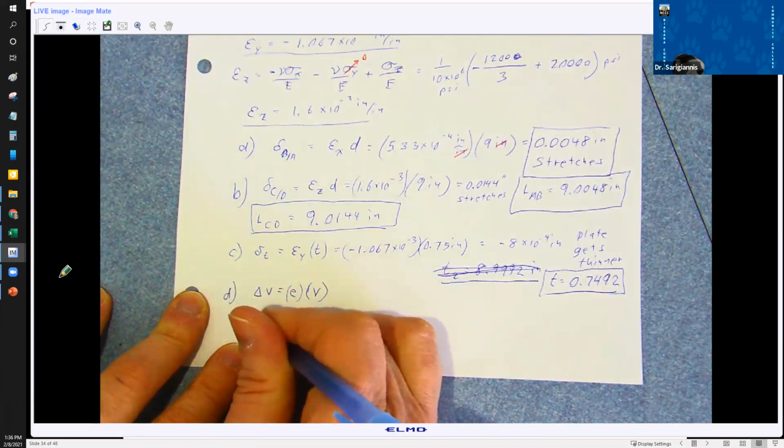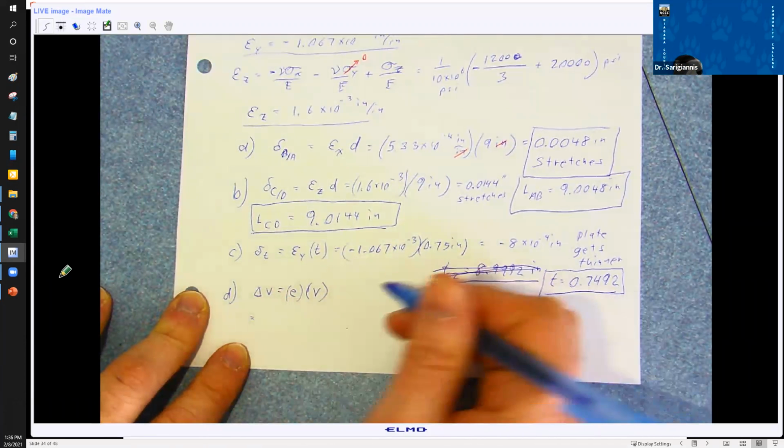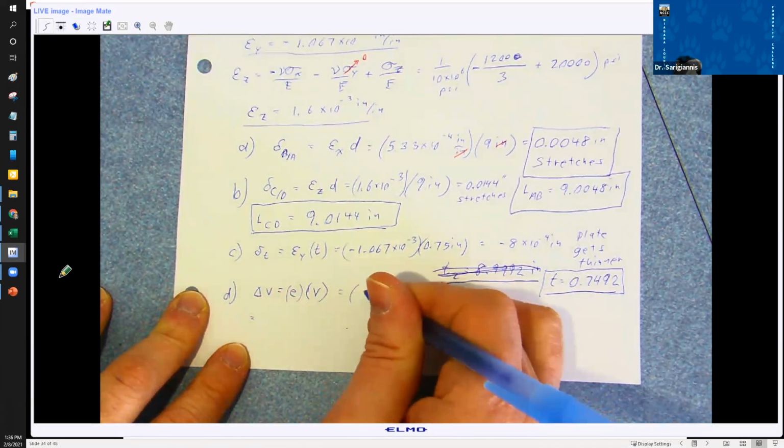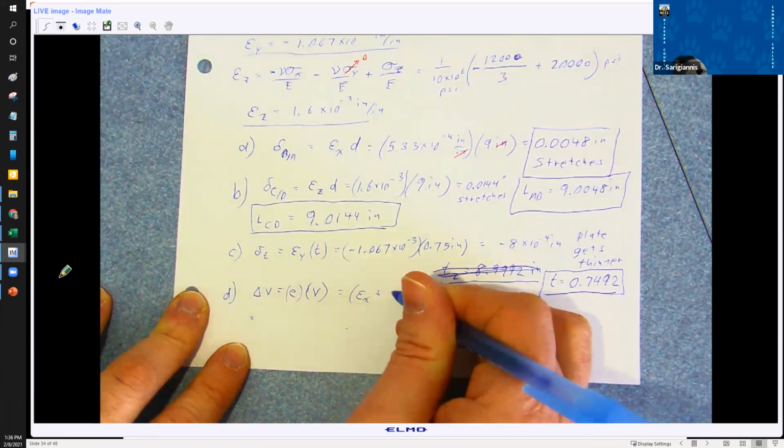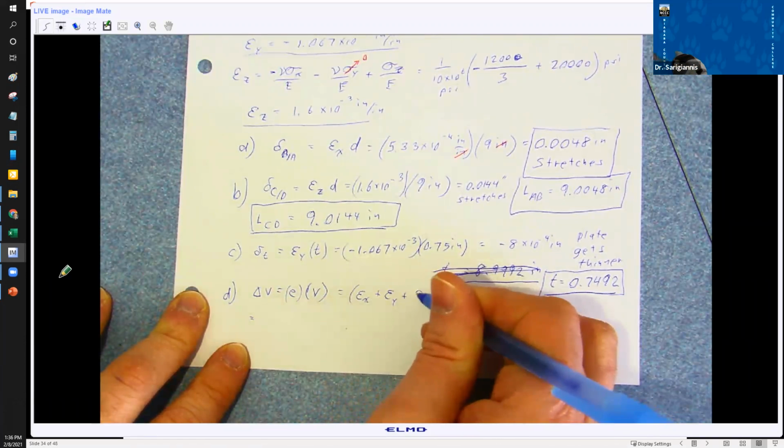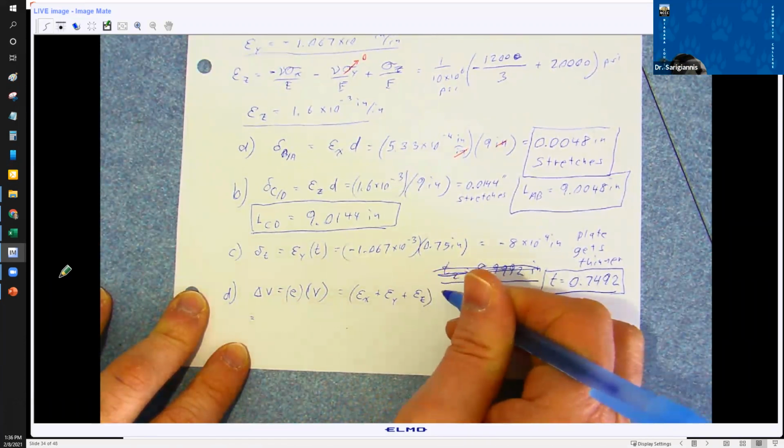So let's rewrite this as the X strain plus Y strain plus Z strain.